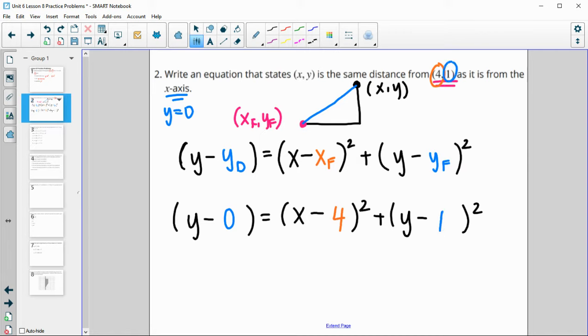So that would be our parabola. Oops, I forgot, this should be squared. Then you could clean it up by saying this is just y squared, and this will just stay x minus 4 squared plus y minus 1 squared.